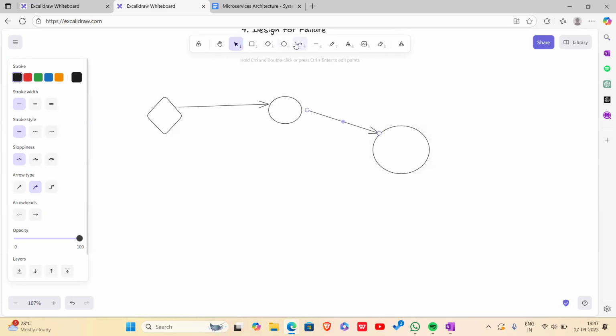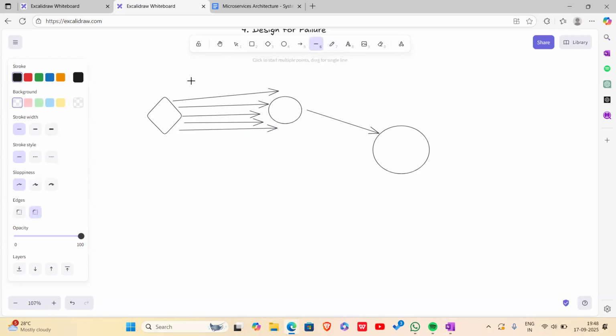If there is so much load, it becomes so crowded that at some point it says, I can't take any more, and the system shuts down.